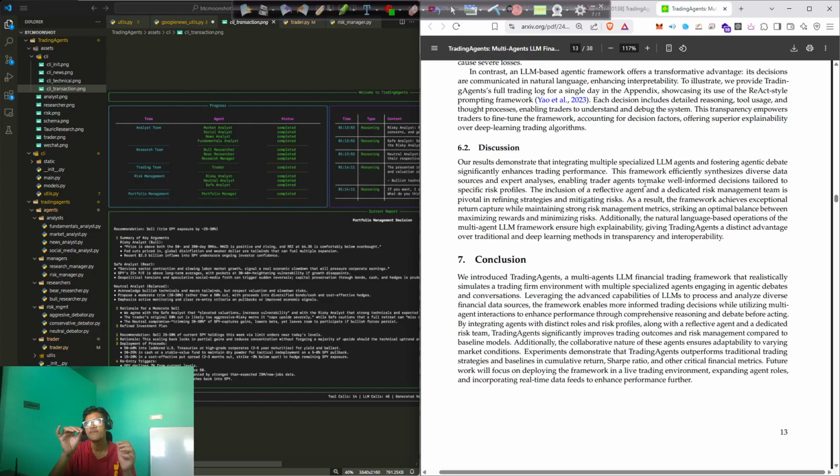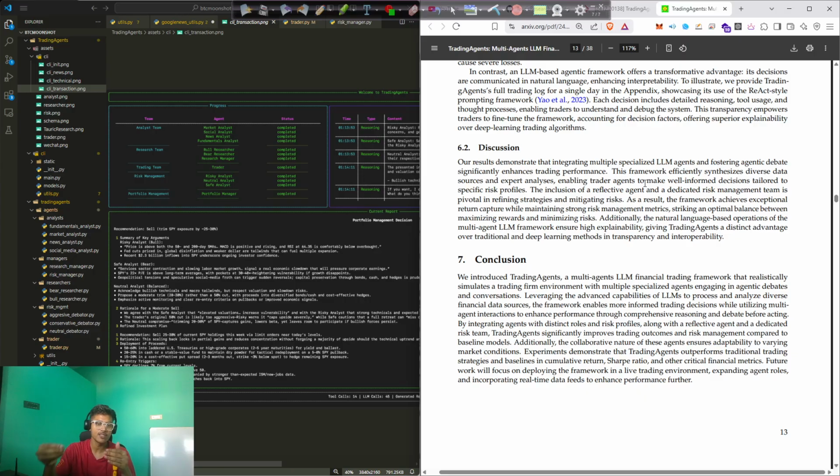Think of it this way. Suppose you want to hire a trader for your trading account. Whatever questions you would ask the trader, put those questions into an LLM and see its response.